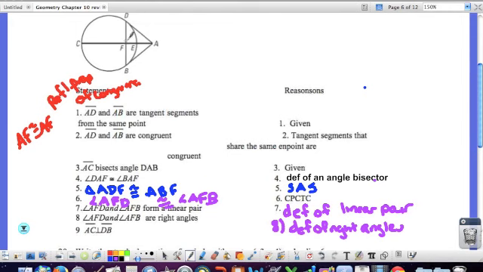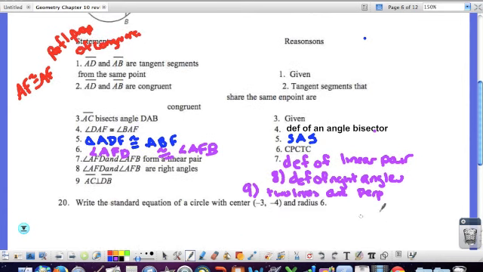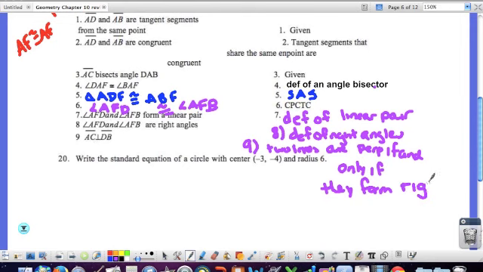So AC and DB must be perpendicular because basically two lines are perpendicular if and only if they intersect and form right angles.